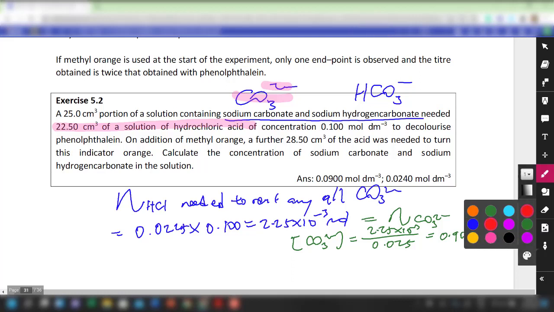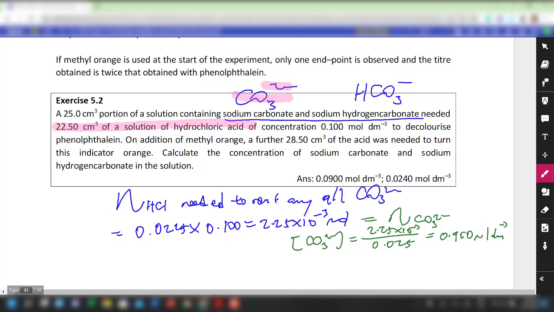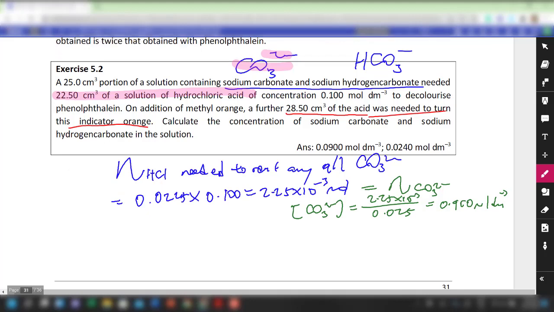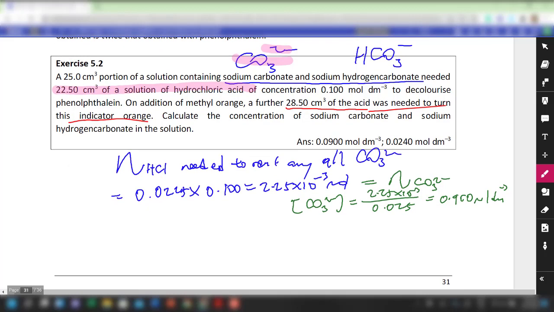Then next, on addition of methyl orange, a further 28.50 cubic centimeters of the acid was needed to turn the indicator orange. This 28.50 cubic centimeters of hydrochloric acid reacted with all the hydrogen carbonate present. And this hydrogen carbonate comes from two sources.